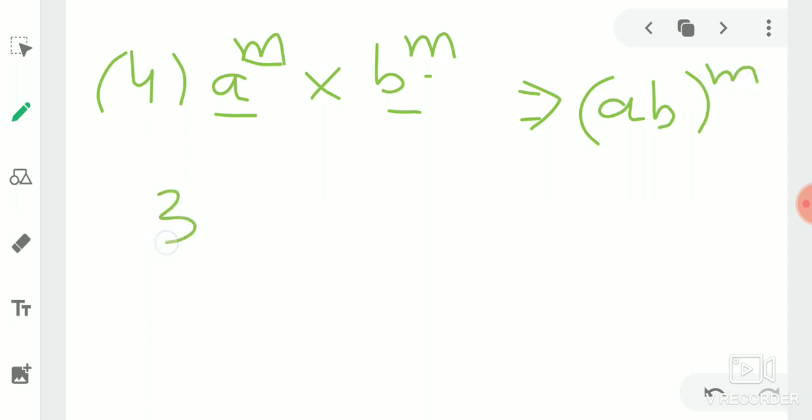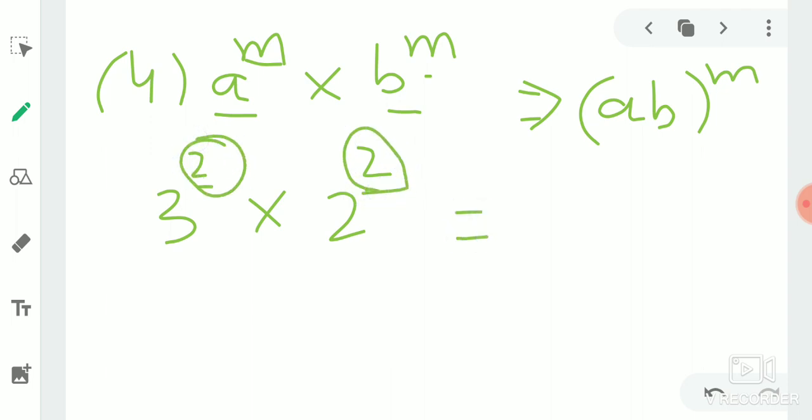For example, 3 raised to power 2 multiplied by 2 raised to power 2. Here the exponents are the same and the bases are different. I can write it as 3 into 2, raised to power 2, or 6 raised to power 2.